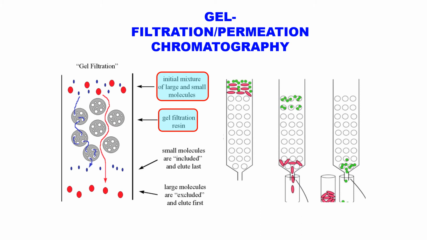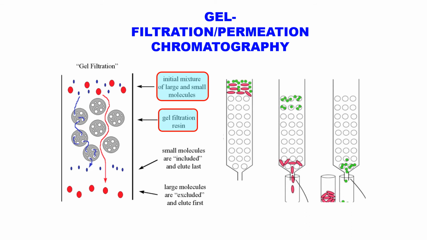Whereas the smaller molecules, which are indicated in blue circles, tend to enter the beads because their size is comparable to the pore size of the beads. So as they move through the pores of the beads, they take longer in moving along with the mobile phase.